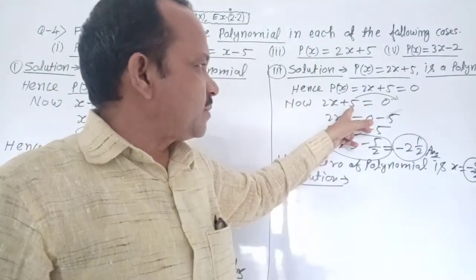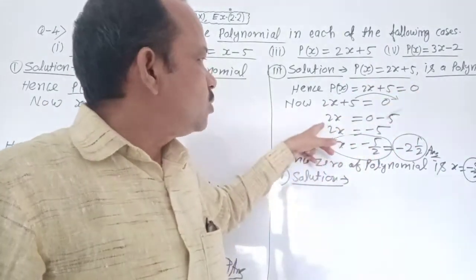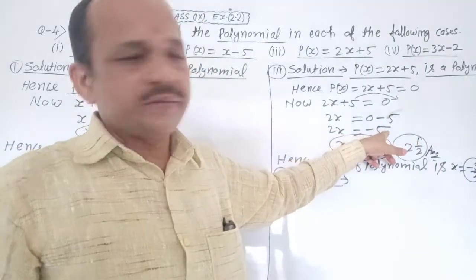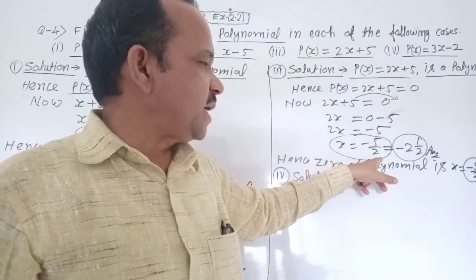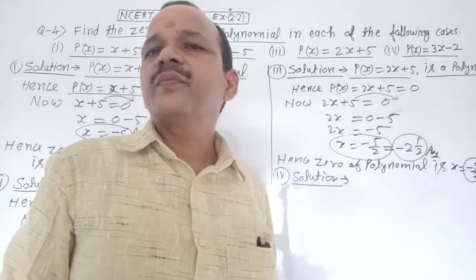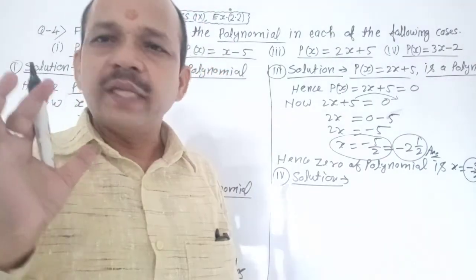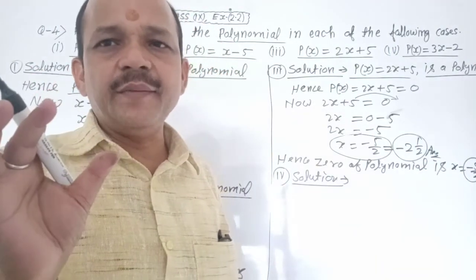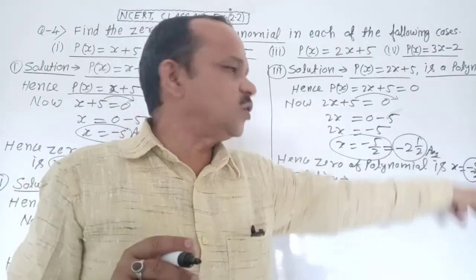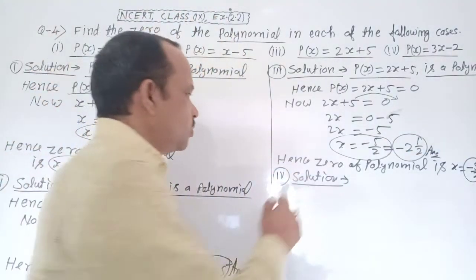You can write 5 on the right side. 2x equal to 0 minus 5. 2x equal to minus 5. x equal to minus 5 by 2, equal to minus 2 whole number 1 by 2, a fraction. It is clear? No confusion about it. Hence, the zero of the polynomial is x equal to minus 5 by 2.